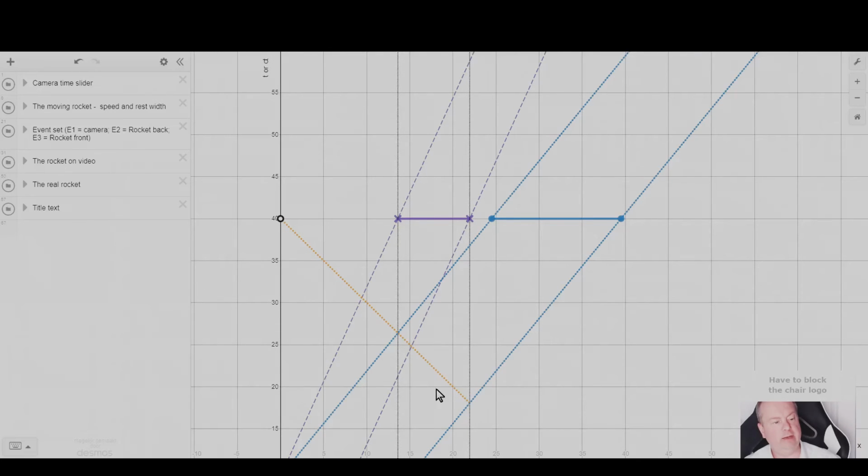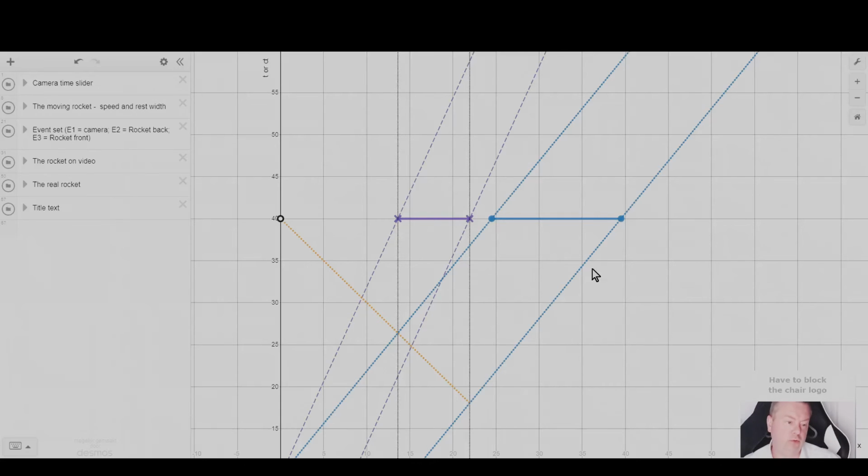And I'm intersecting it with the front of the rocket, which gives me this point. So I see the purple on video, a very small rocket close by, while in fact the real rocket is still 15 meters long, the contracted length, a little bit further away than this one.